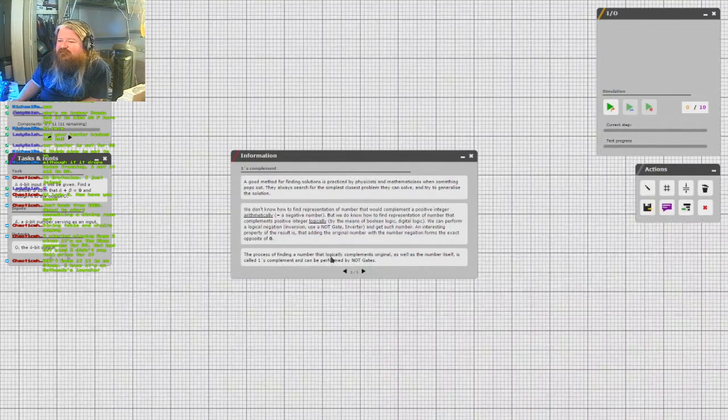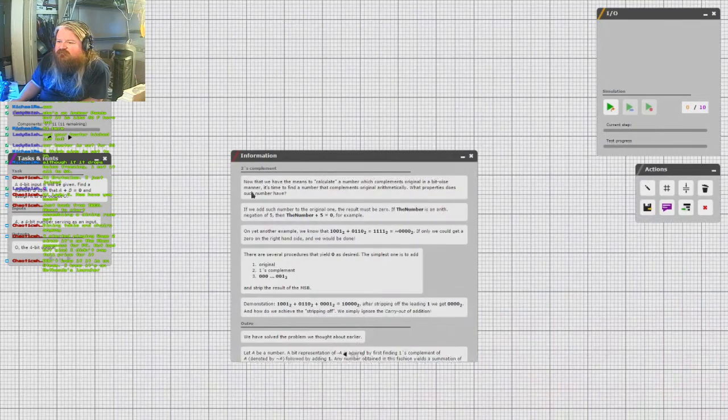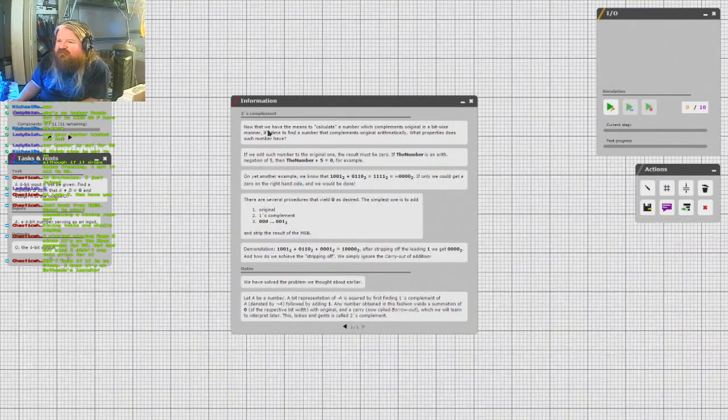The process of finding a number that logically complements the original, as well as the number itself, is called one's complement and can be performed by NOT gates. Now that we have a means to calculate a number which complements the original in a bitwise manner, it is time to find a number that complements the original arithmetically.